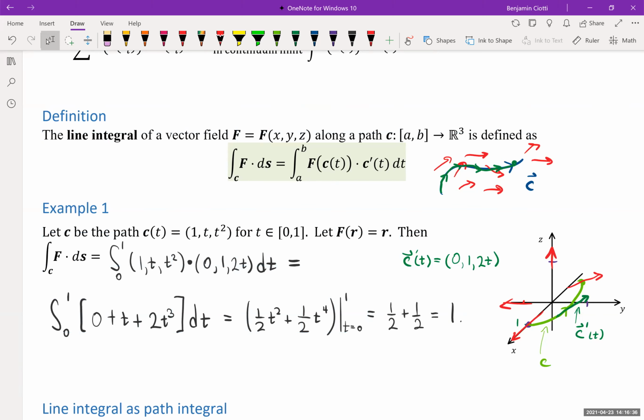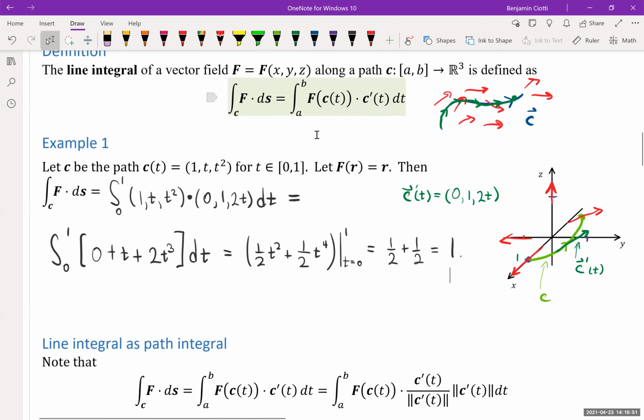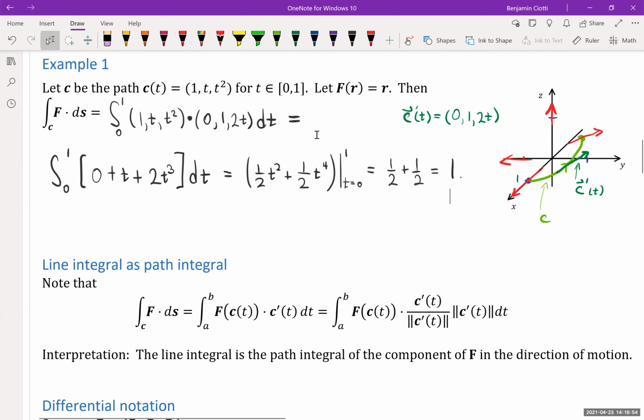Any questions on this one? Okay, if there's no questions, then let me say a bit more about the line integral formula. It's possible to express a line integral as something that looks like a path integral.